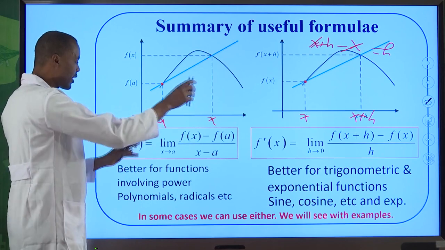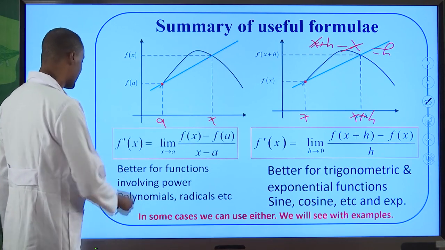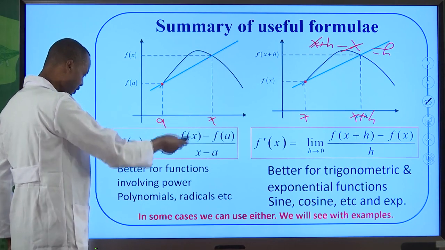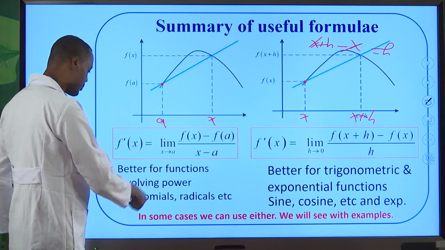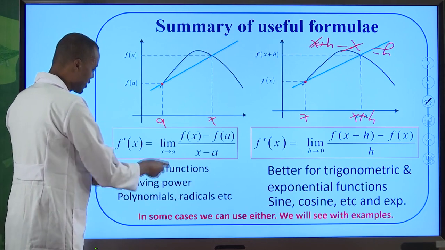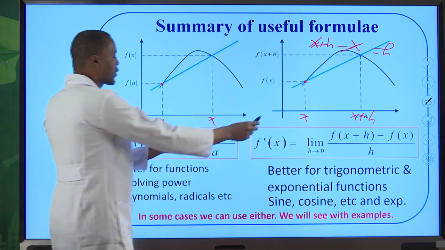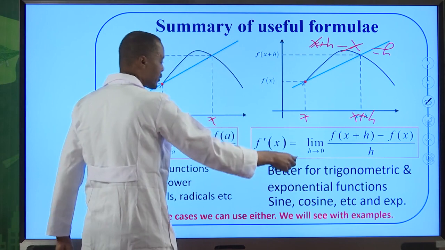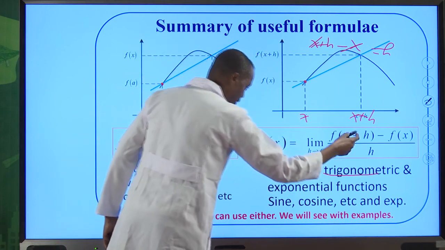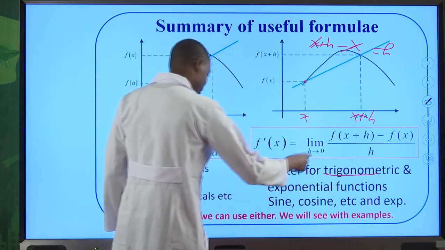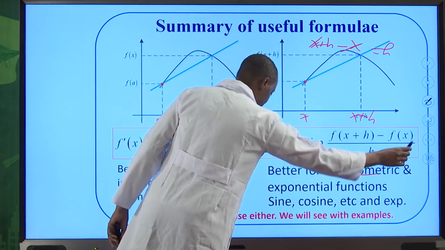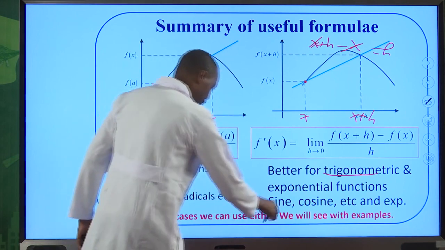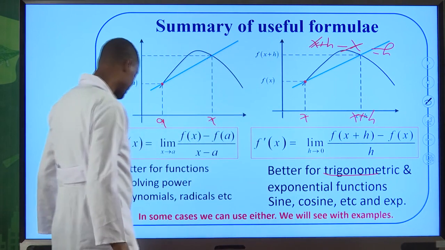They have different areas of application. This one, in its version like this, is better for derivatives involving powers, polynomials, radicals, and so on. In its form this way, it is much better for trigonometric functions specifically, and for exponential functions. Cosine and sine are examples of trigonometric functions.